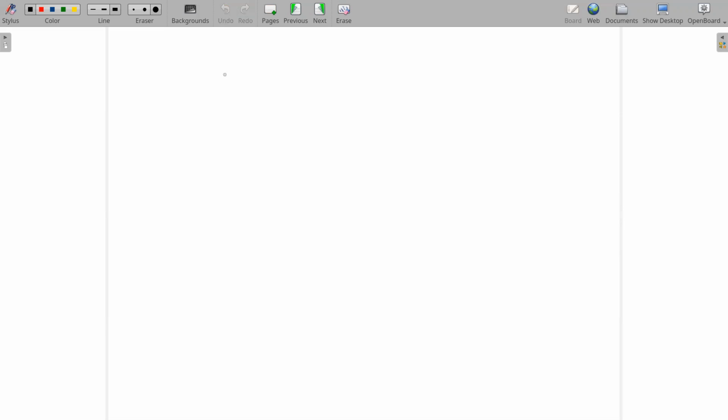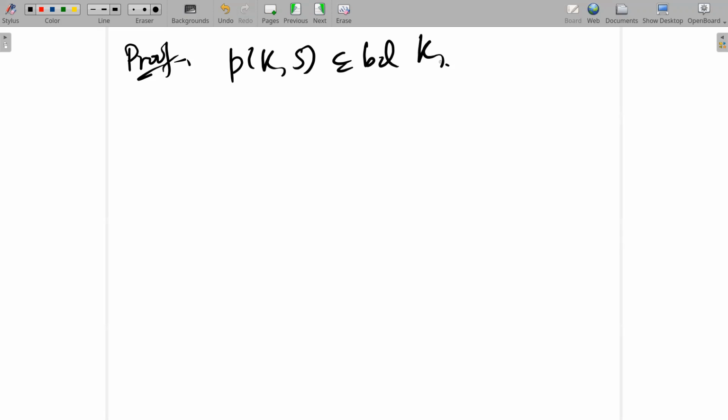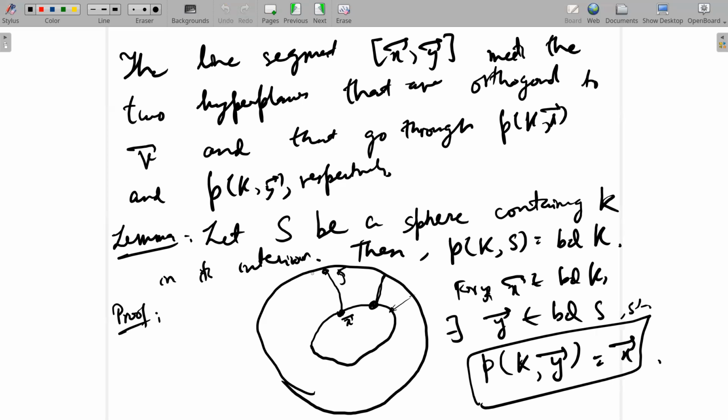And in this proof, we'll use some of the things you have done in analysis about metric spaces. This fact is very clear: PKS is contained in the boundary of K. If I take any point here and look at the closest point, it has to lie on the boundary.